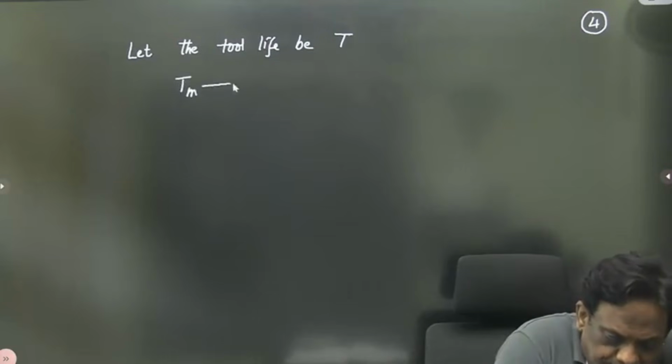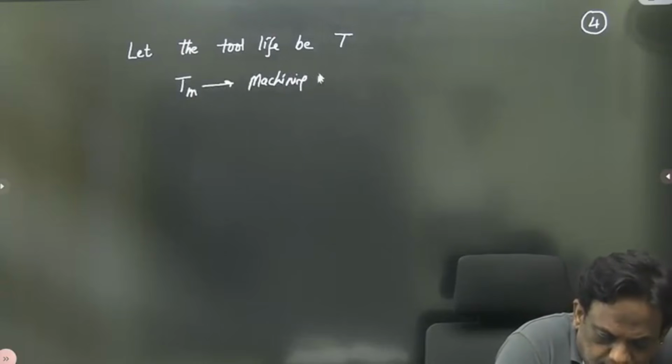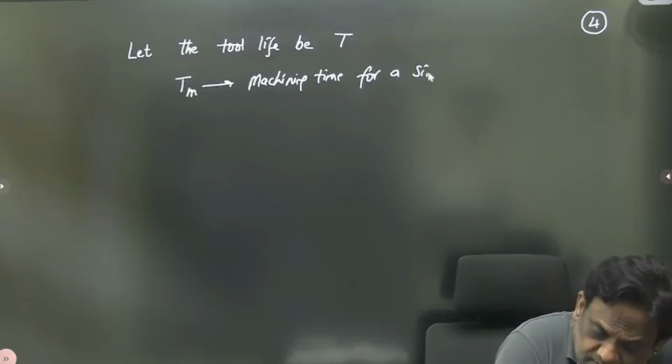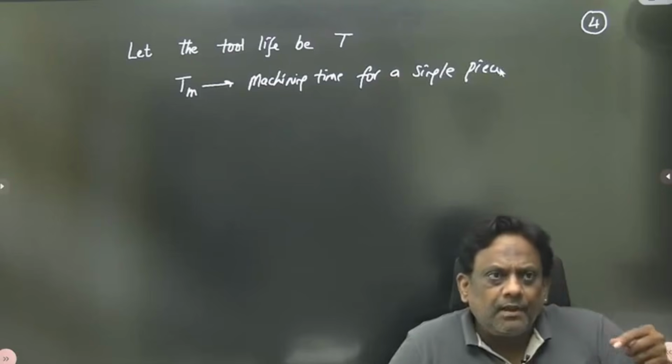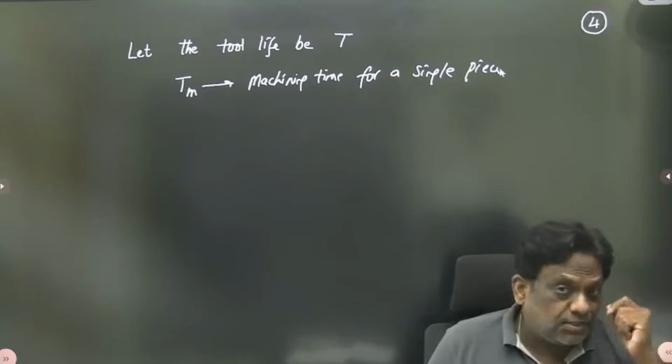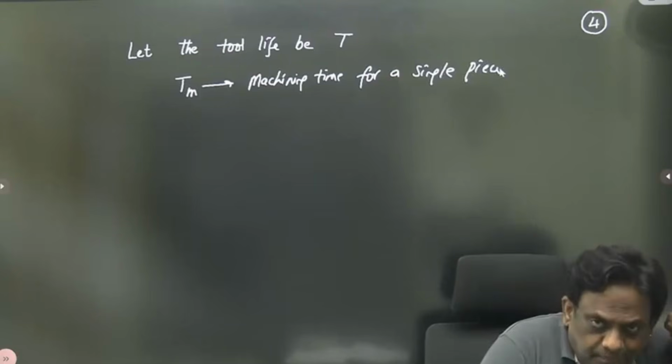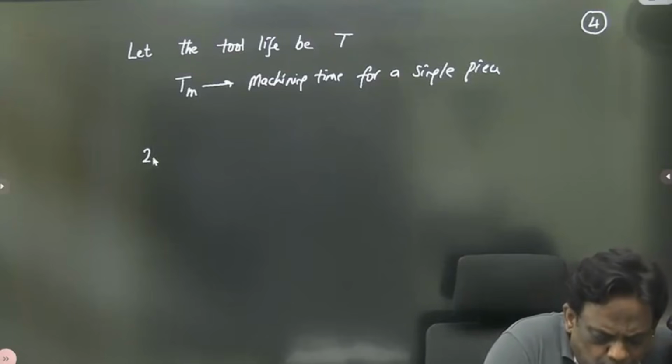Tm is machining time for a single piece. इसका मतलब यह है, suppose in 2 minutes I am manufacturing each piece, single piece.